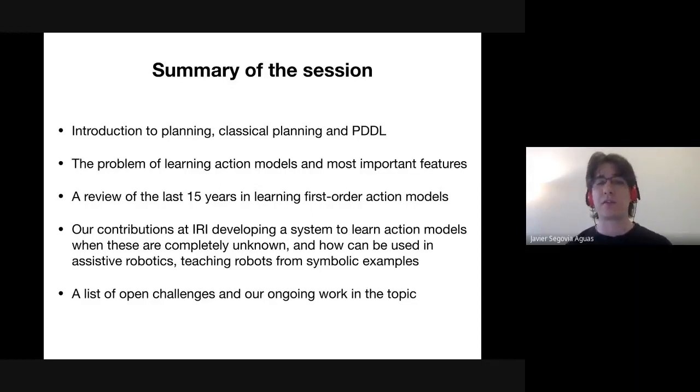A short review of the last 15 years in this topic that has been thoroughly explored, and our contributions to exploring these systems of learning action models when these action signatures are completely unknown, and how this can be used in assistive robotics when teaching robots from symbolic examples, like the interaction with an electronic board. There is also a list of open challenges, and our ongoing work is in the topic, and we think that is very relevant. This is a mandatory topic if we want to have autonomous systems that can learn from human examples.